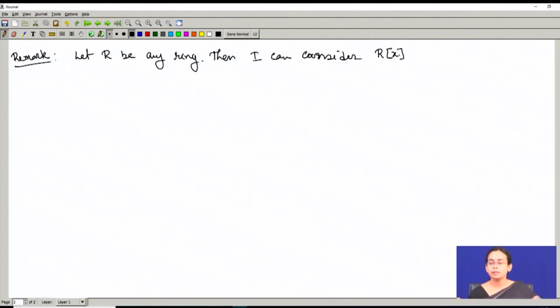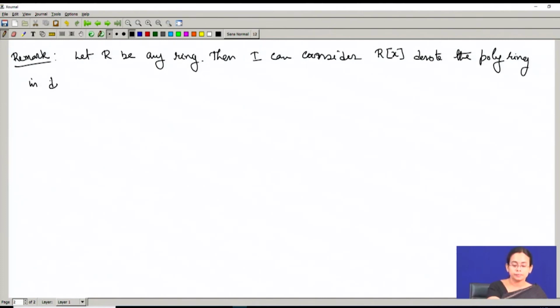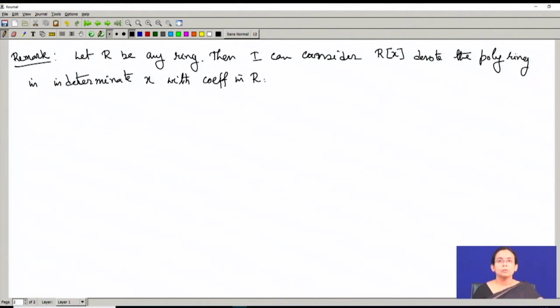R[x] denotes the polynomial ring in indeterminate x with coefficients in R. So this R[x] also has a ring structure. It is exactly the same. The addition is the component-wise addition, and the multiplication is also defined in the same way.